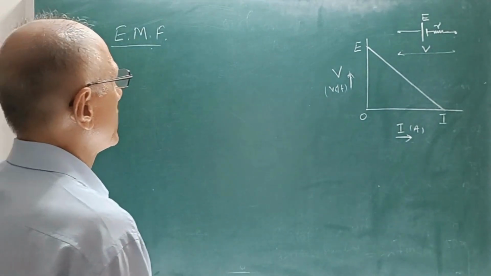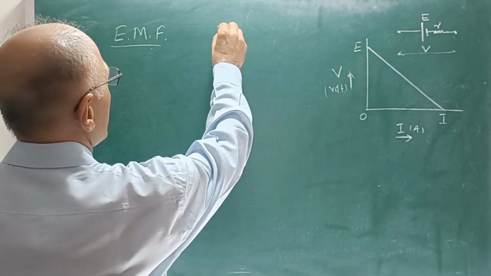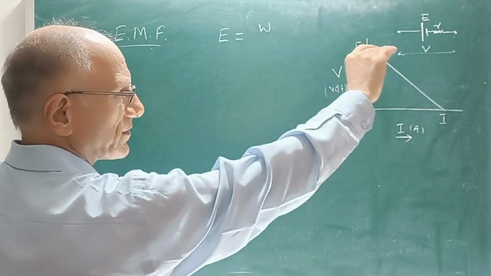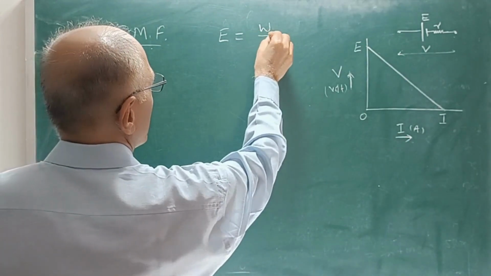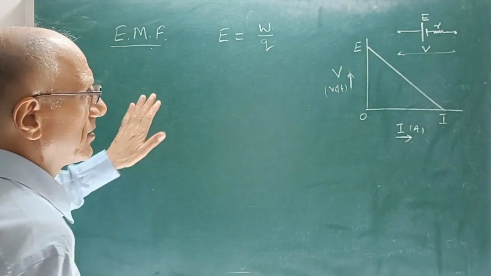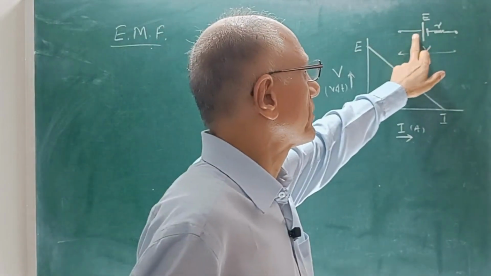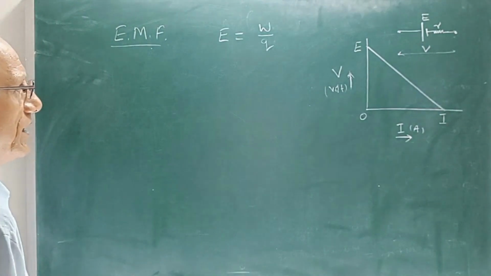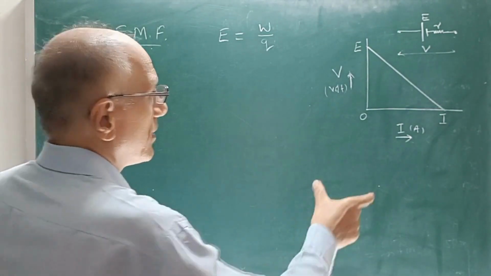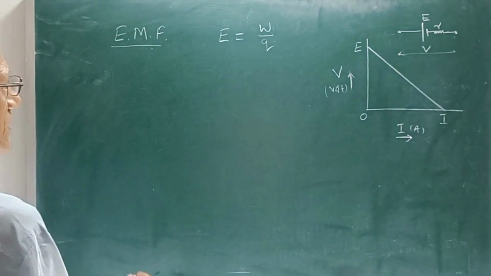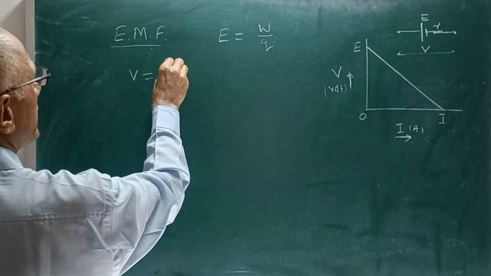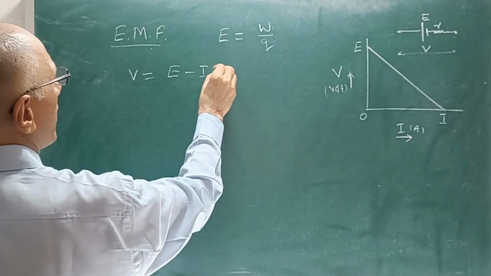That means this EMF will be the total work done in transferring the charge in a circuit from the positive terminal to the negative terminal of the battery. So here the potential difference V will be equal to E minus IR.